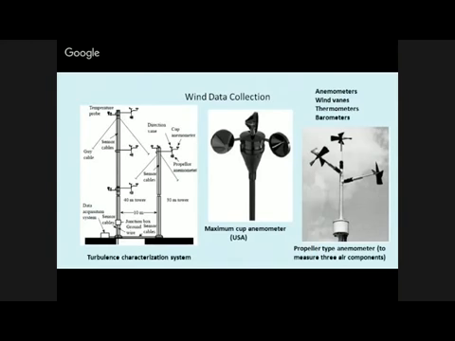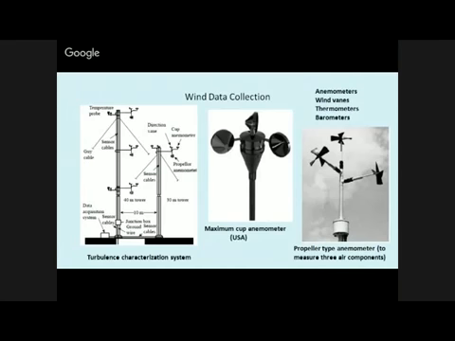All these data are accumulated in a data acquisition system. ISRO, the Indian Space Research Organisation, also manufactures this data acquisition system and sells it at a very minimal rate, so even academic institutions can install it and collect data round the year.